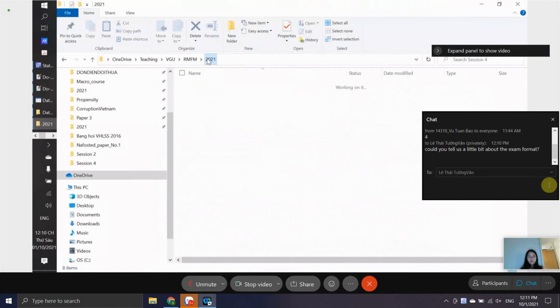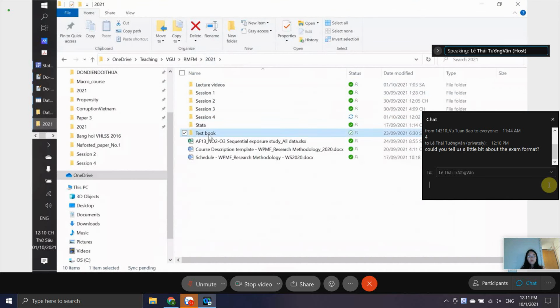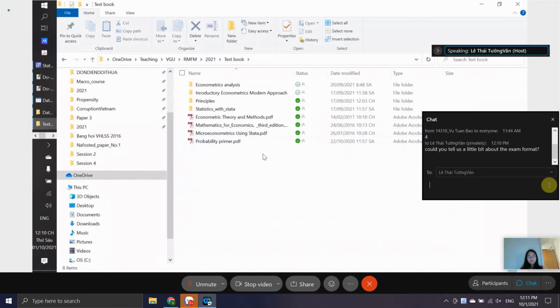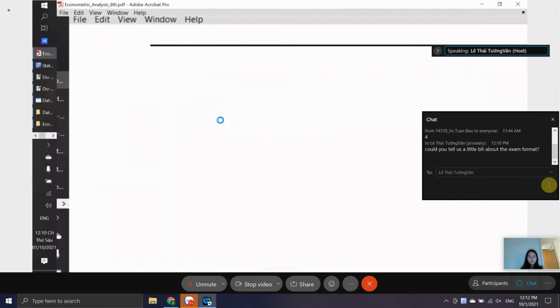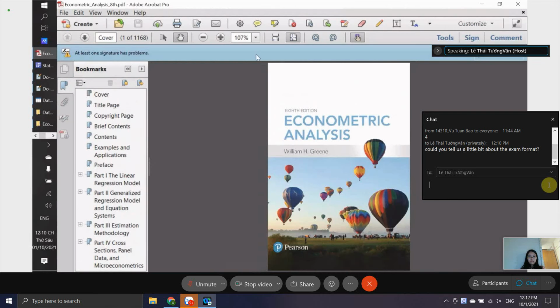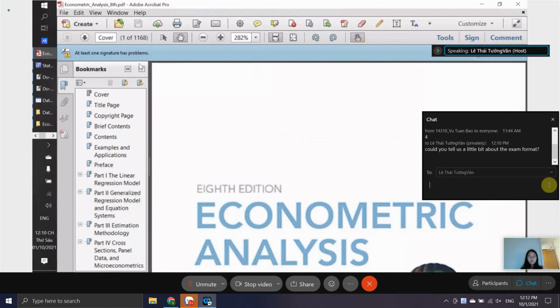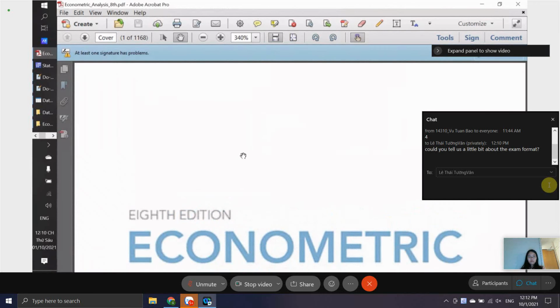I have included in our share folder a number of textbooks deliberately. Yeah, and I want to bring your attention to the book Econometric Analysis. This is not a book.